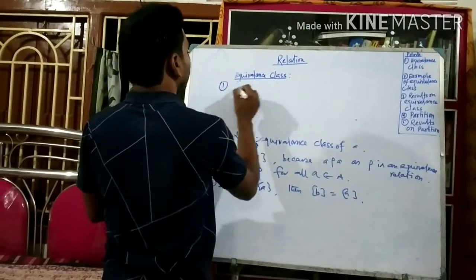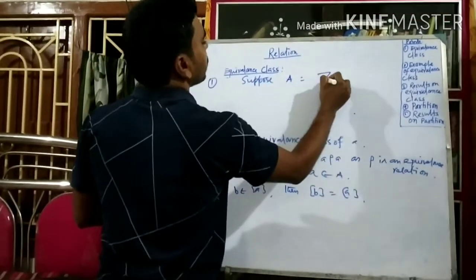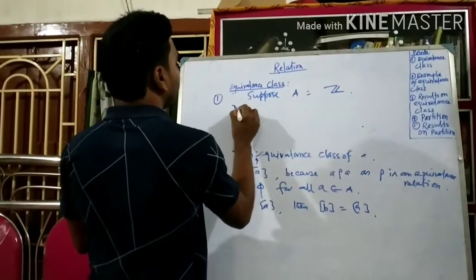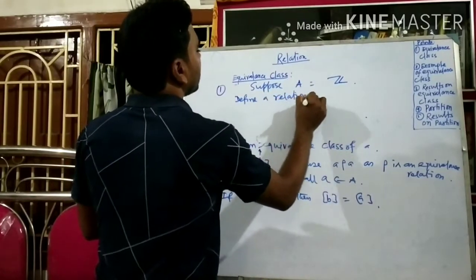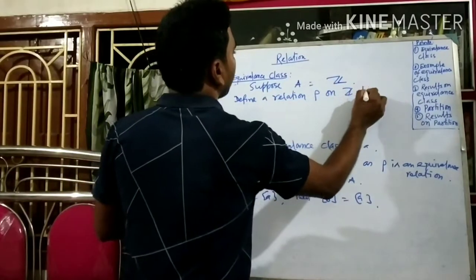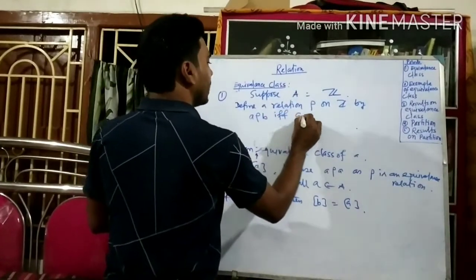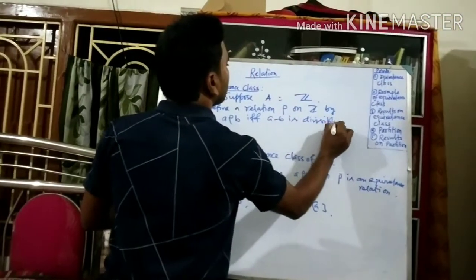Suppose our A is equal to set of all integers. Define a relation rho on set Z: a rho b if and only if a minus b is divisible by 5.